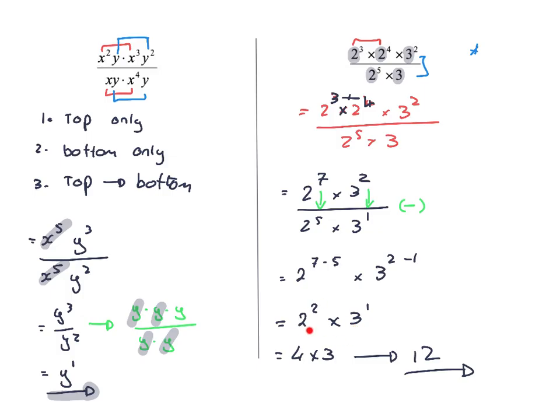But once I convert that out of exponent form into what we call standard form or number form, now my exponents are gone and I can just multiply those as if they are normal numbers. So be careful of those. You only ever want to multiply things together right at the end, when you've simplified and you've found a value for what 2 to the power of 2 is. And there we have it.